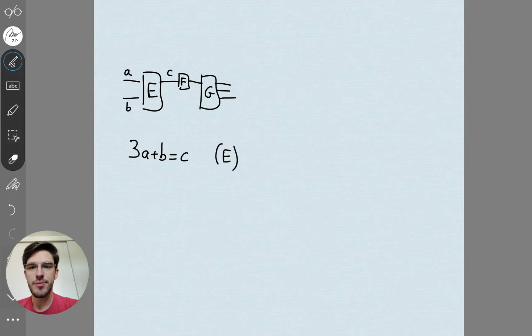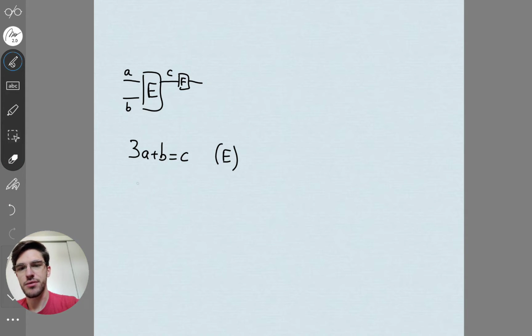And the core idea of graphical algebra is that we can plug the equations together and that gives you a bigger equation. So let's define an F, have an actual example. F is like 2c equals d.